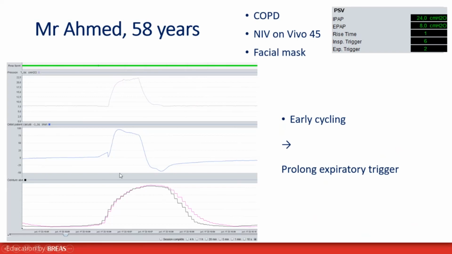And it's not comfortable at all. To fix this, we have to prolong the expiratory trigger to make sure that the mechanical breath matches the patient effort. Here the expiratory trigger was very short, setting number 2. So we should prolong it by setting it at 3, 4, or 5 maybe.